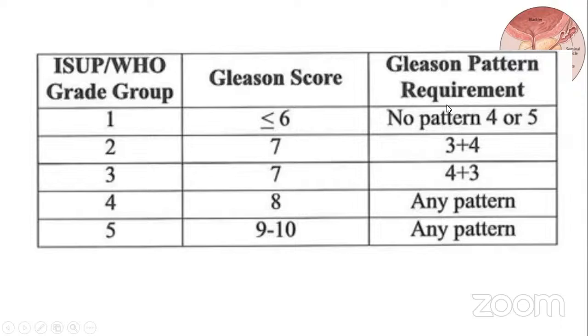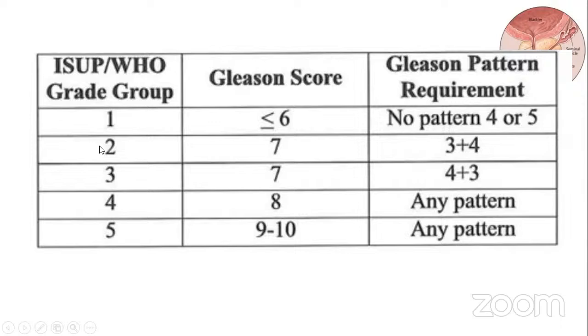The Gleason pattern requirements. Grade group 1 is Gleason score less than or equal to 6, no patterns 4 or 5. WHO or ISUP grade group 2 is Gleason score 7, that's 3 plus 4.